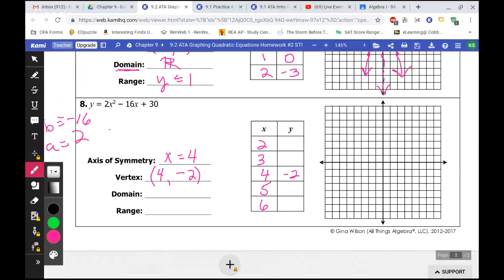What do you want? I'm confused. Okay, you have to pick either the two x's before the vertex or the two x's after the vertex to plug back into the original equation to get your y coordinates. Would you want to work with 3 and 2? Those are going to be easier. Right, so we'll pick those. And what do we do with them?